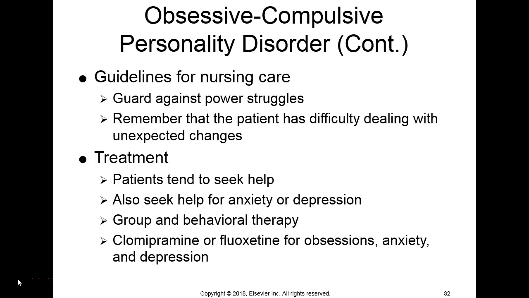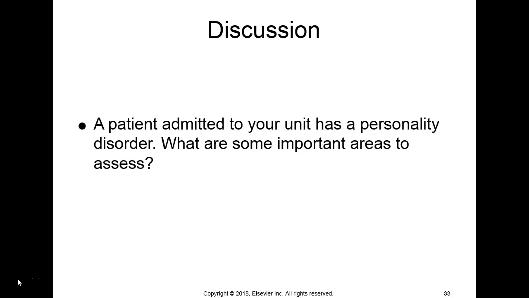So they don't have a thought of, say, germs, and then the compulsion would be to wash their hands. They don't have that same type of ritualistic behavior. It's just more being overly detailed, having control issues, and needing things to be absolutely perfect. So I'm hoping that you're seeing the difference between those two disorders.